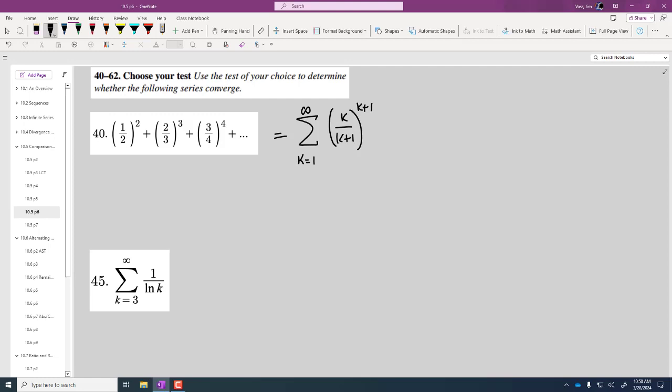What is the first thing we should always consider, at least mildly, when we look at a series? What is the very first thing that we look at? The divergence test? So if the a sub k's don't go to 0, we know. And when we look at this, if you think about the limit of this a sub k, that's an indeterminate form, isn't it?